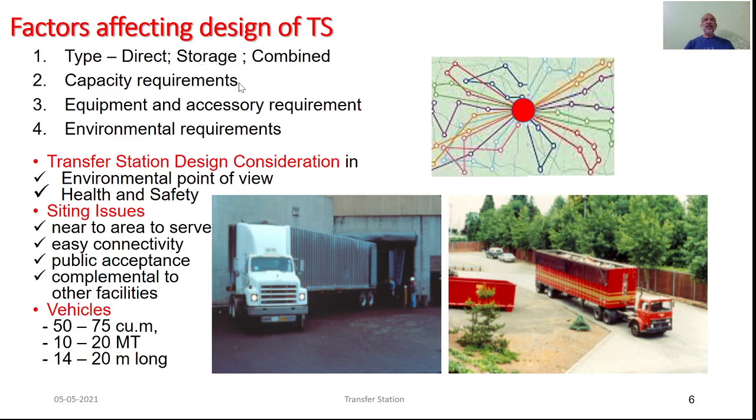The transfer station could be direct discharge type, storage discharge type, or combined facility, the details of which we will discuss later. Capacity requirement is one of the factors. Equipment and accessory requirement is also one of the factors, in addition to environmental requirements.